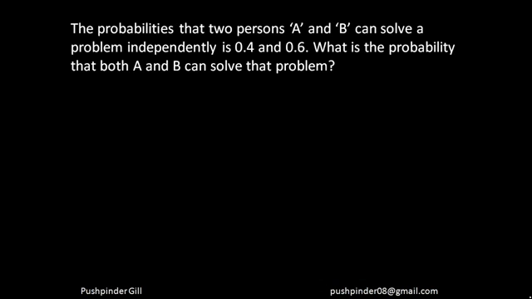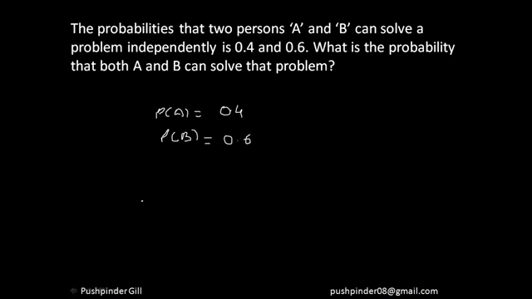The probability that two persons A and B can solve a problem independently is 0.4 and 0.6. So what is the probability that both A and B can solve the problem? You can see from this question that the probability that event A is going to happen is equal to 0.4, and the probability that event B is going to happen is equal to 0.6.